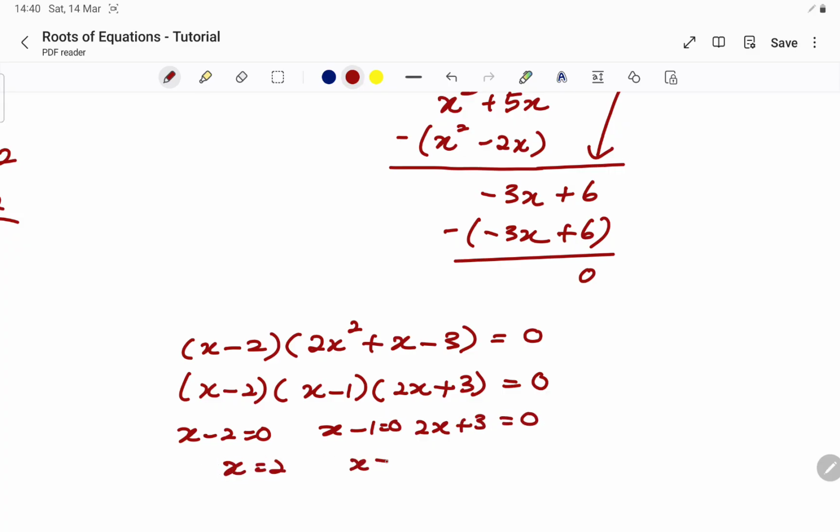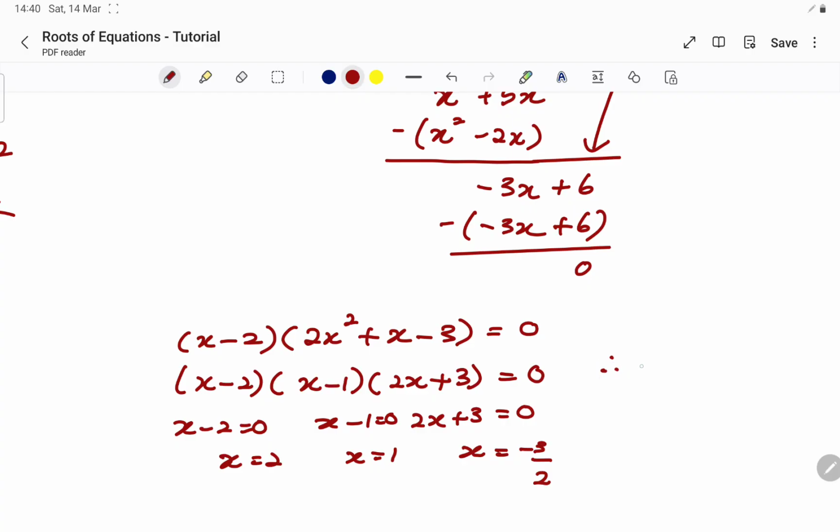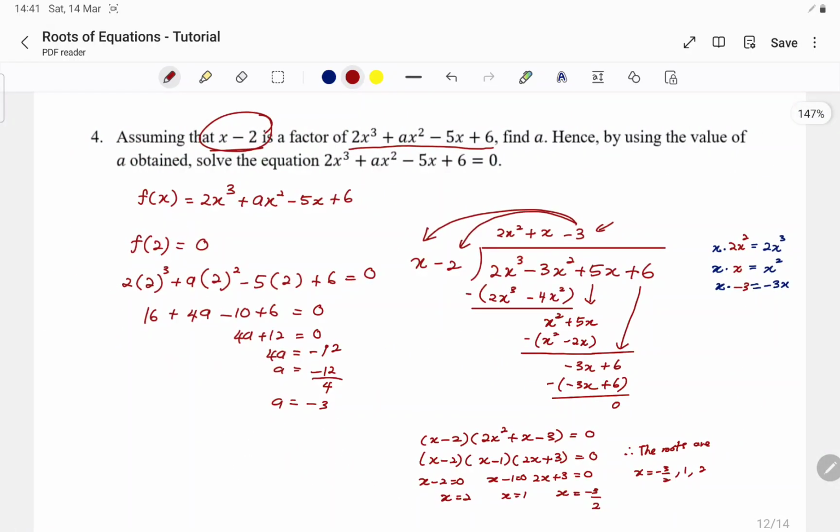Here you will get x is equal to 2, x is equal to 1, x is equal to negative 3 over 2. So these are all your roots: x is equal to negative 3 over 2, 1 and 2. That's it for question number 4.